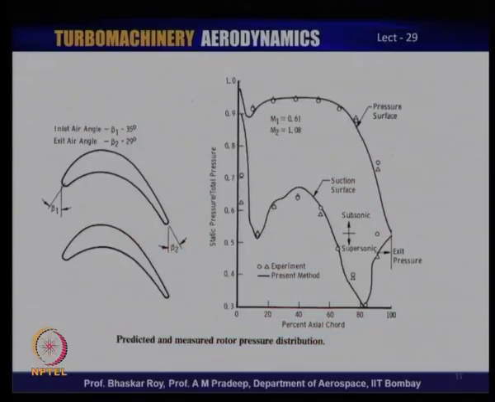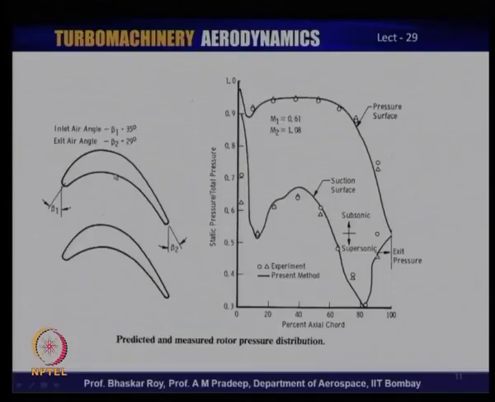This is a picture of a rotor, where, as you can well imagine, the acceleration is not as much as in the stator, and the flow comes in with a relative Mach number of 0.61, but goes out with a Mach number which may be slightly or marginally supersonic. It comes in with an angle of 35, goes out with an angle 29.